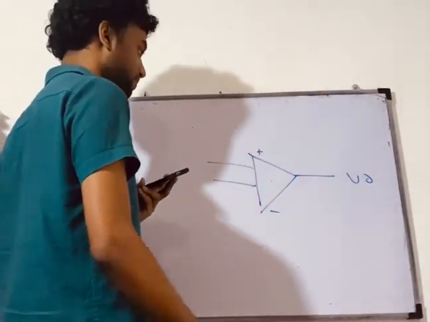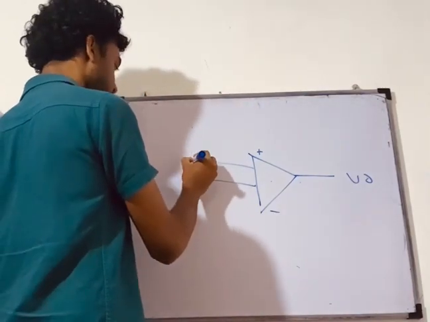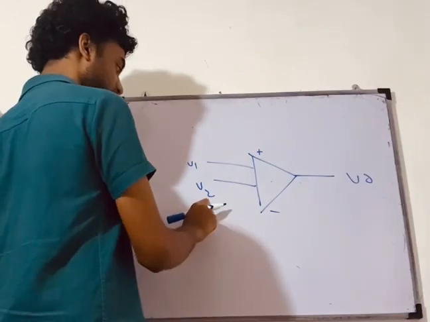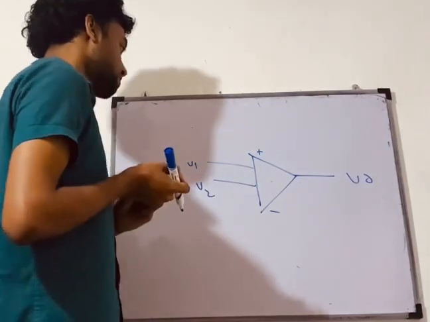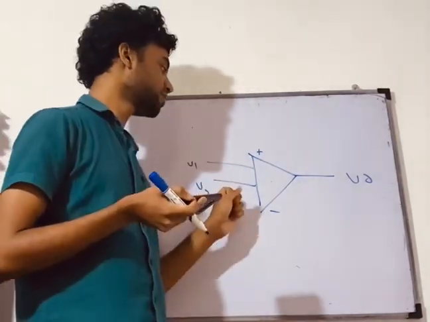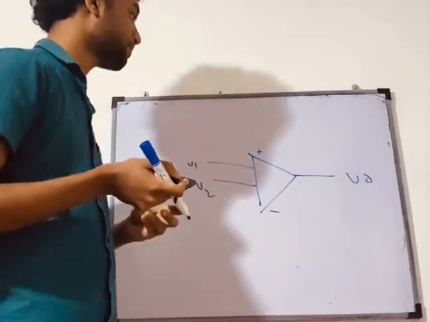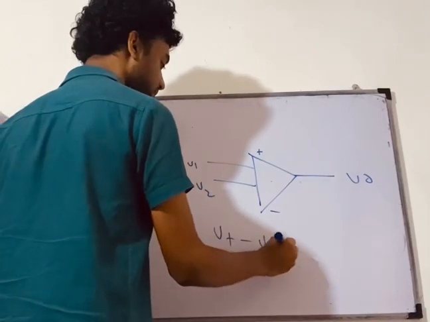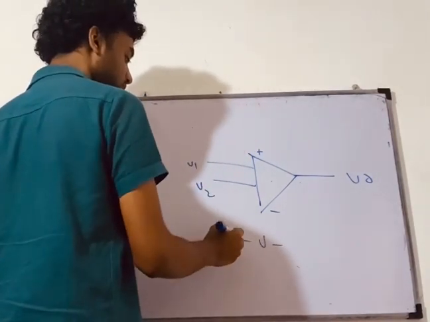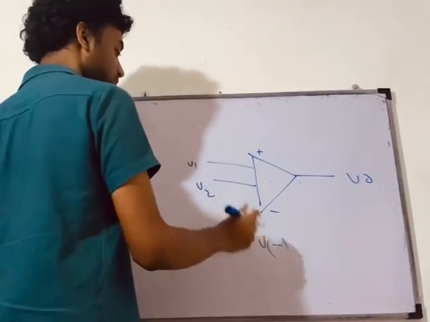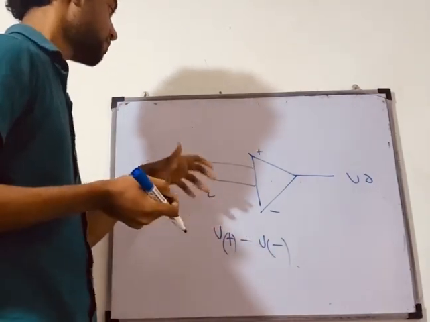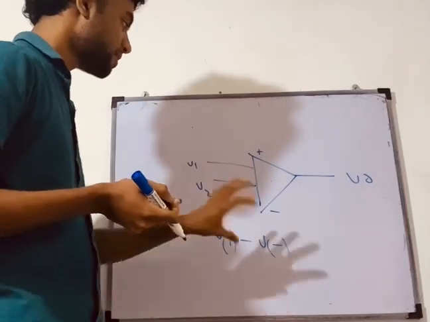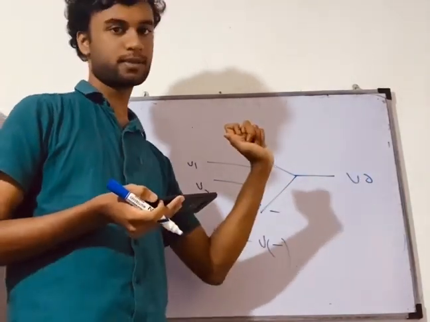I can take this as V1 and this as V2. The input here, V1, input here, V2. This is the non-inverting terminal, this is the inverting terminal. So V plus minus V minus is the difference between the inputs. This is actually amplified to give you the output.